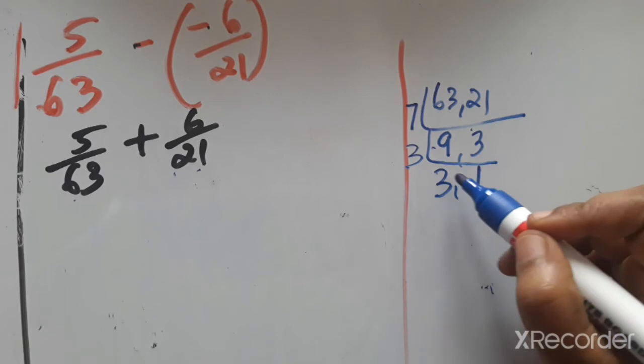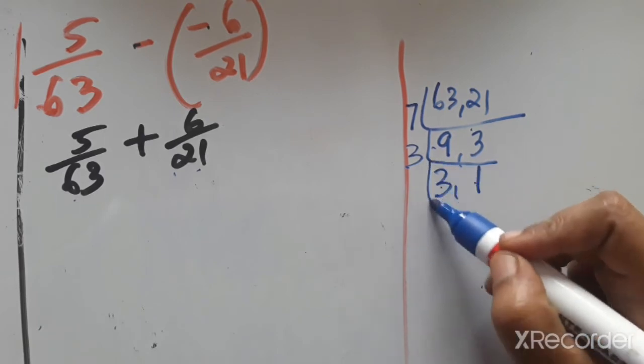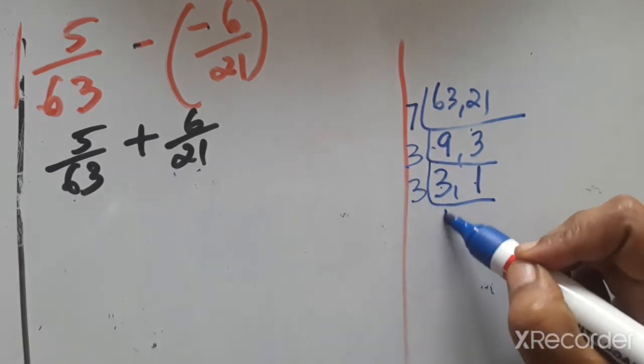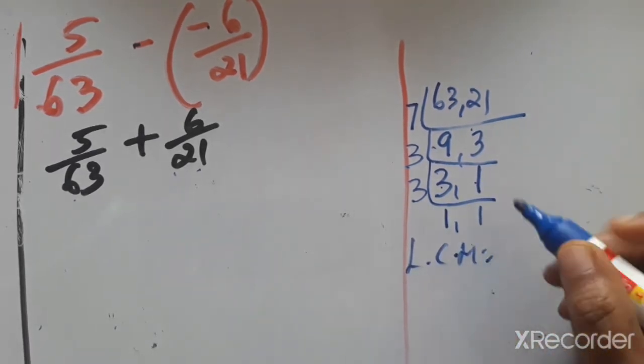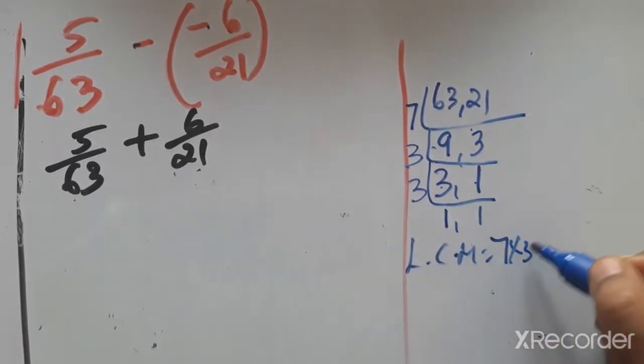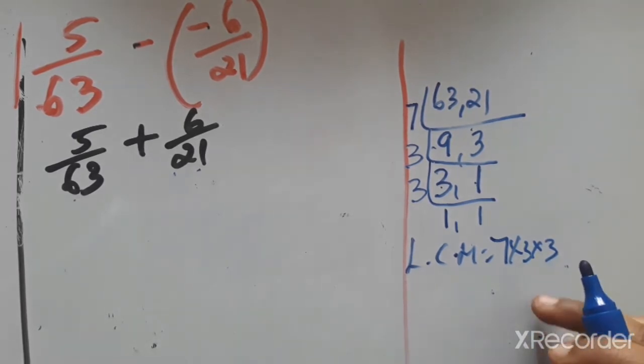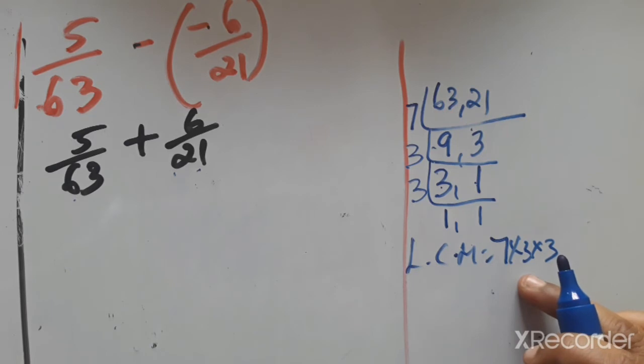So the LCM is 7 into 3 into 3. 7 3s are 21. 21 into 3 is 63. LCM is 63.